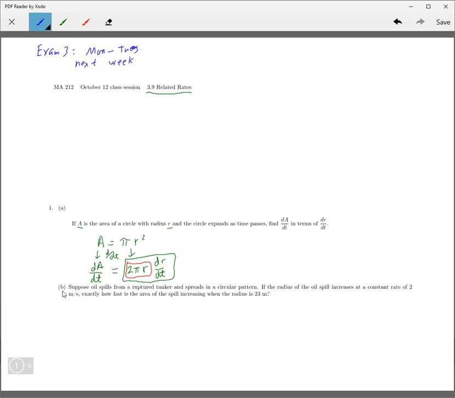Part B: suppose oil spills from a tanker and spreads in a circular pattern. If the radius increases at a constant rate of 2 meters per second, exactly how fast is the area increasing when the radius is 23 meters? So we just go with this right here.